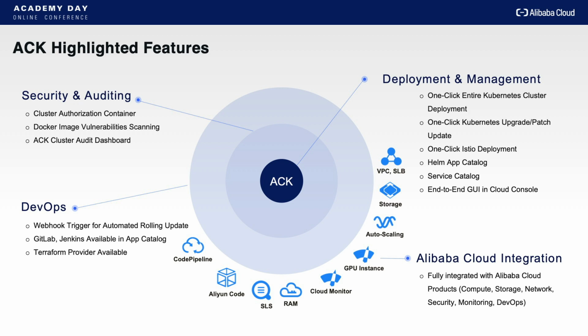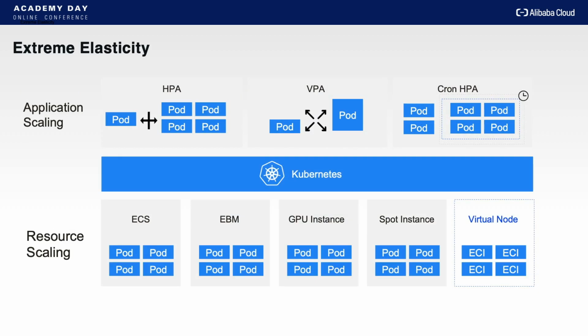It provides a secure and standard compliant Kubernetes solution. One of the key benefits of Kubernetes is about elasticity. And ACK provides very comprehensive scaling policy for enterprise requirements in both resource layer and application layer.